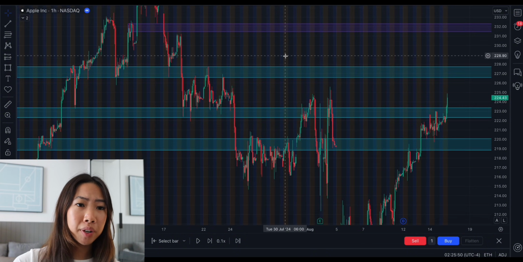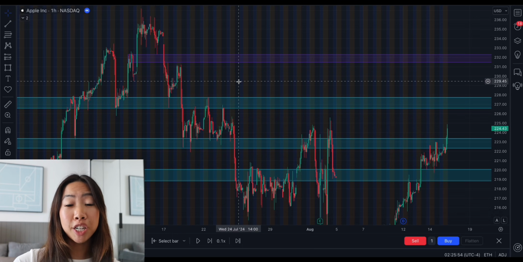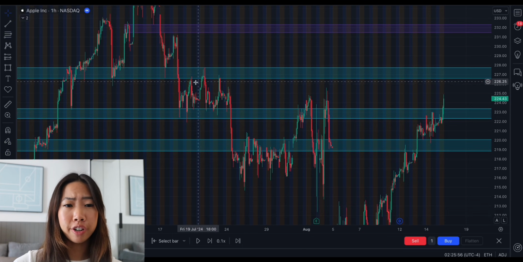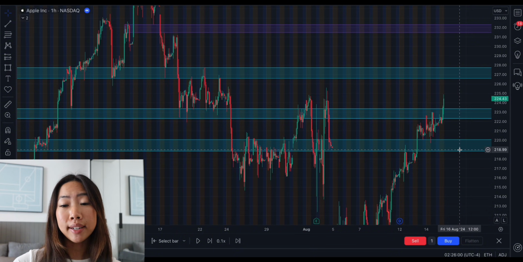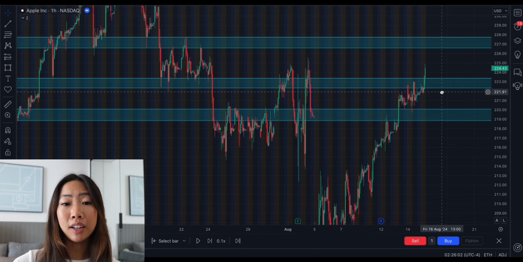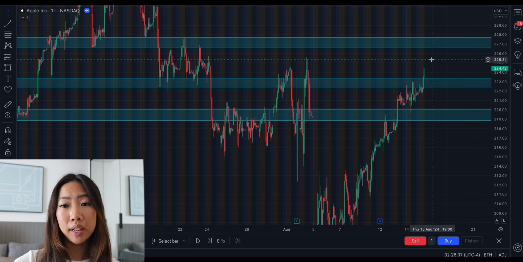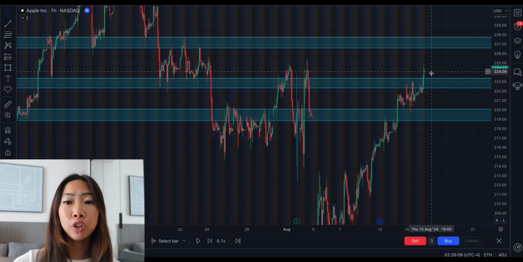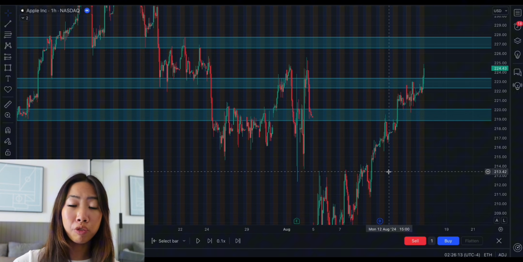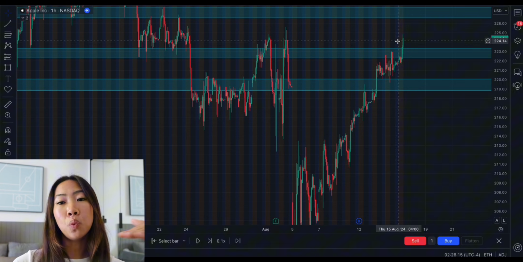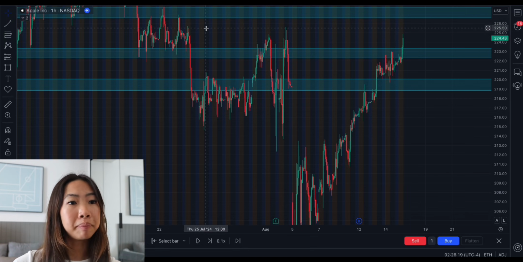Because it has previously reacted very nicely to these areas and price action is very clean, this market structure, I'm assuming that if price breaks this level, it should not break back down if it's truly respecting all these levels. So my assumption is, if I'm bullish, it has already broken this resistance. I'm going to look for a bullish move higher. Any kind of bearish move will be against the overall bullish trend, so that's when I won't even take that trade. So I'm only looking for calls on this particular day.